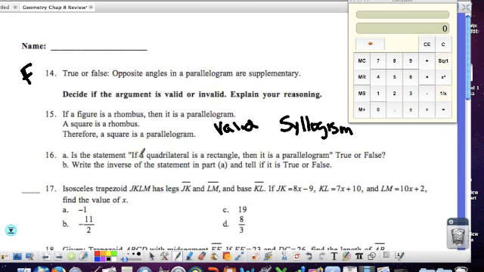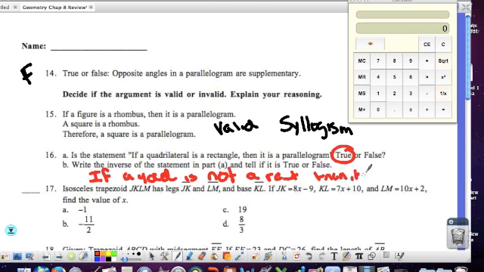If the statement is, if a quadrilateral is a rectangle, then it is a parallelogram. That's true. The inverse of that is, if a quadrilateral is not a rectangle, then it is not a parallelogram.